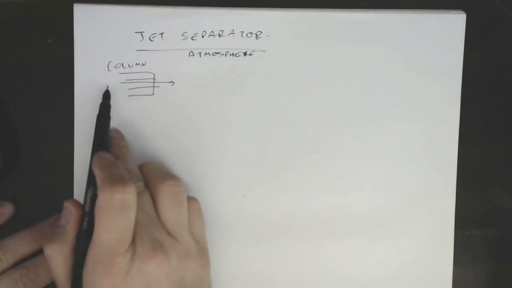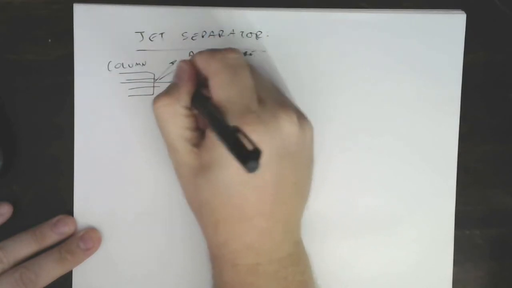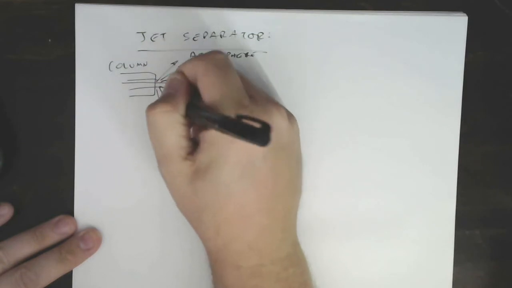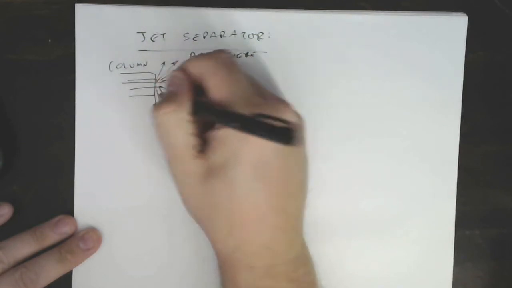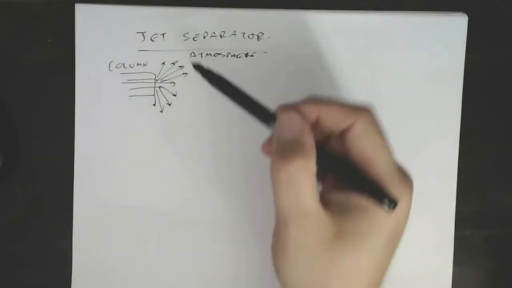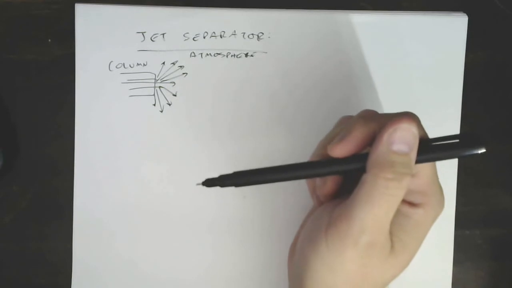What's going to happen is flow that was flowing in a straight line down the column is going to suddenly explode in all directions out. Right? It's just like spraying air through a gas hose. It's just going to go in all directions. So this is actually a jet. That's what this is called.